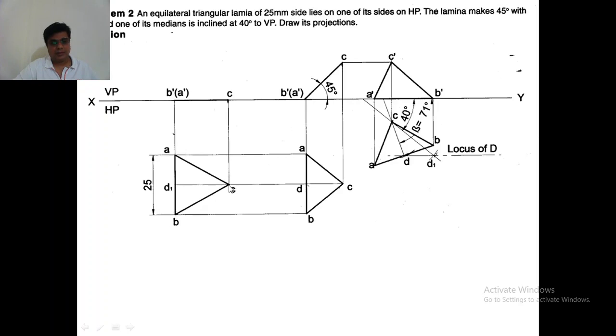If you take corner C, the edge opposite to this corner C is AB, and D is the midpoint of AB. So connect a line from corner C to the midpoint of the edge AB. This CD is called the median. This is the statement given in the problem, and accordingly we should draw that median inclined at 40 degree to VP.